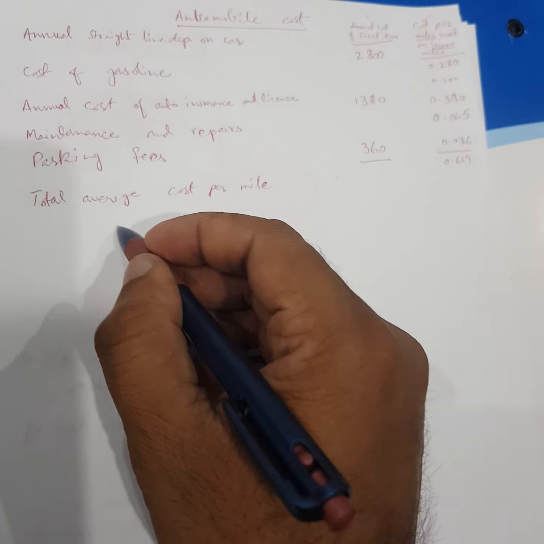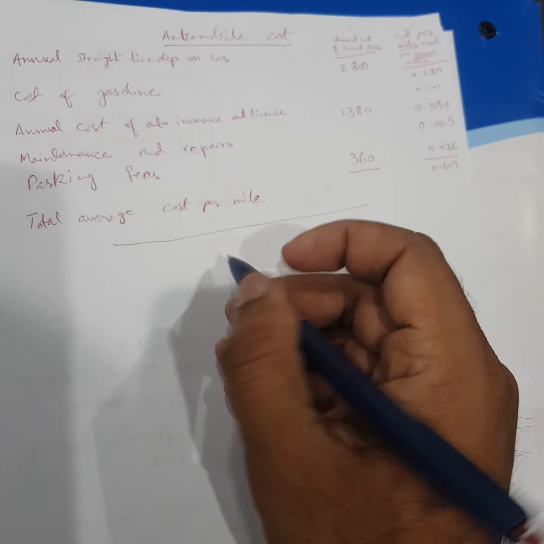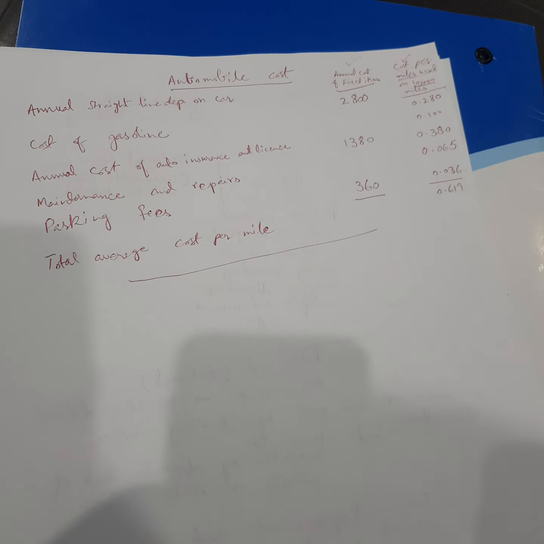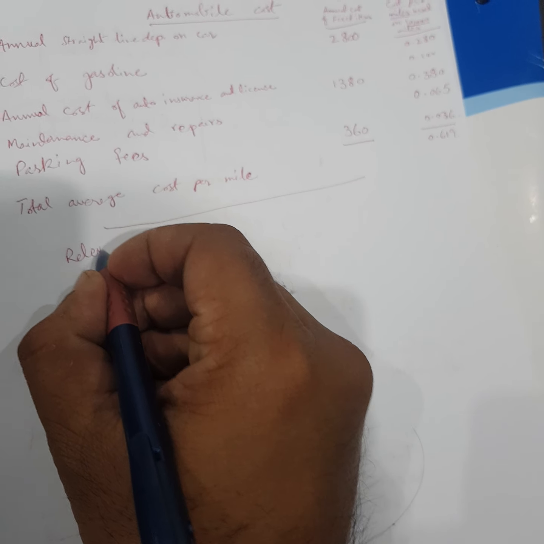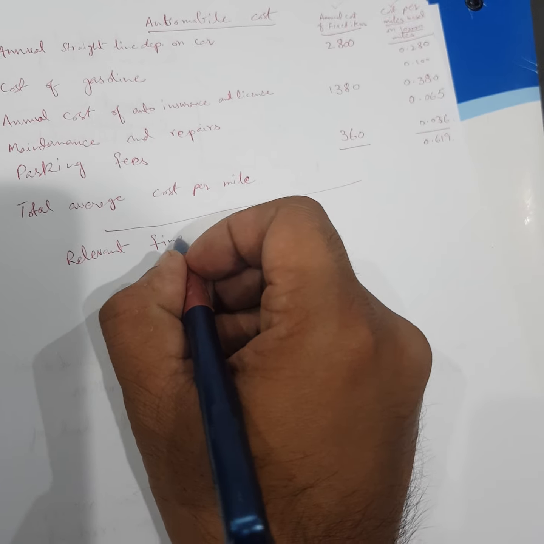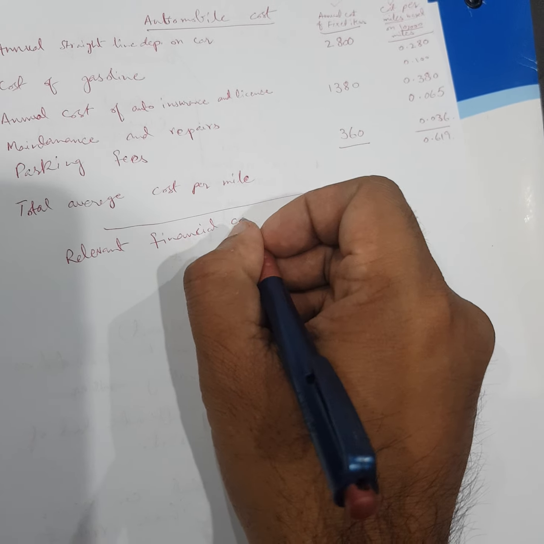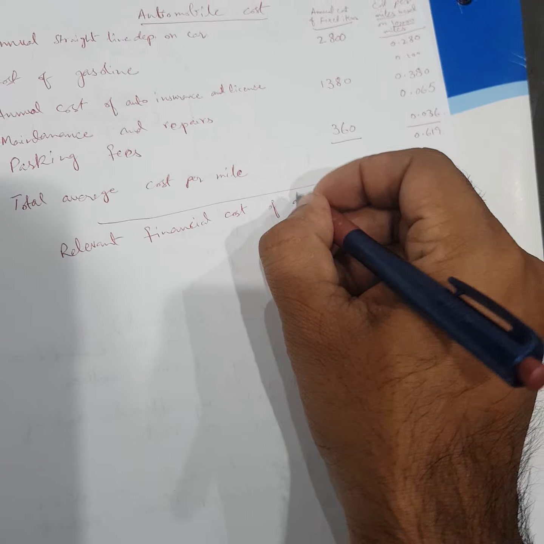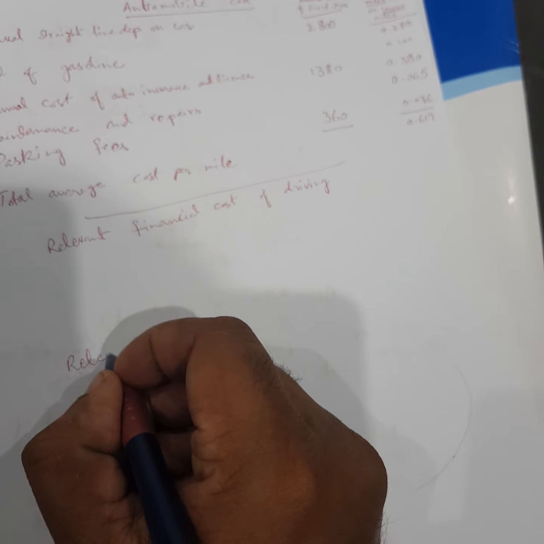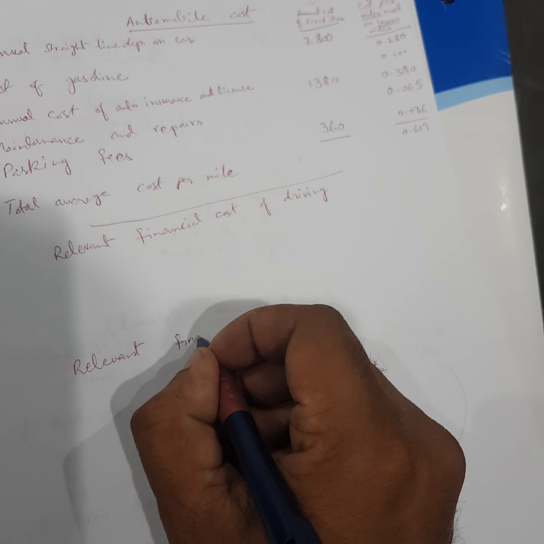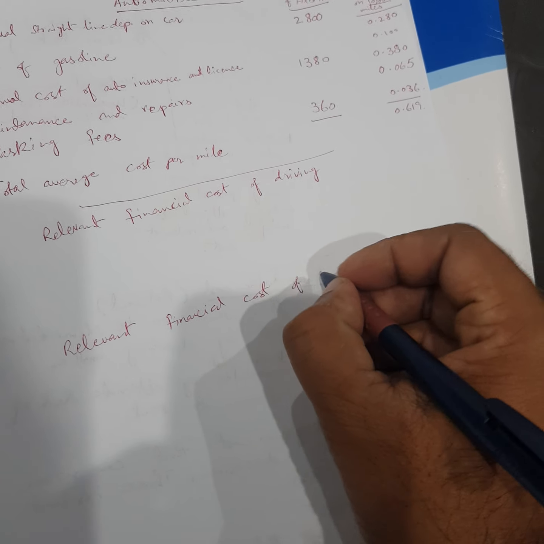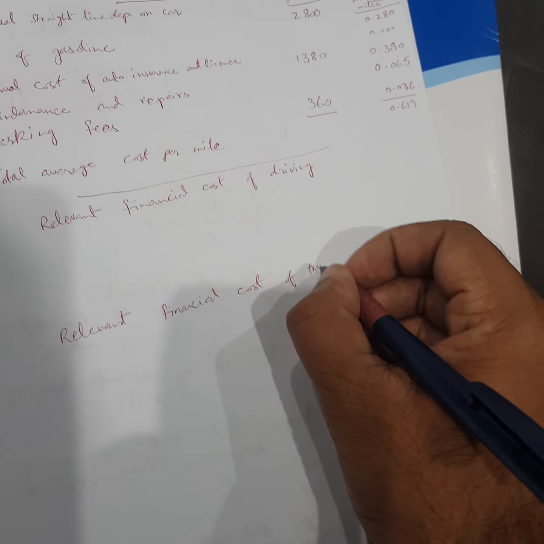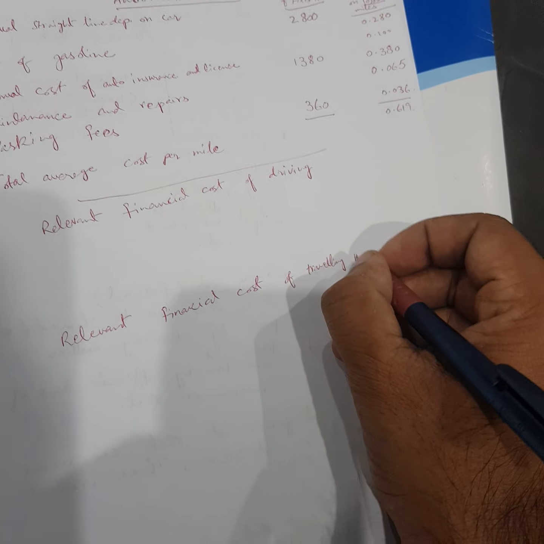Further explaining this, if a person is willing to drive to another city, he has to calculate the relevant financial costs of driving as well as the relevant financial costs of traveling through train.